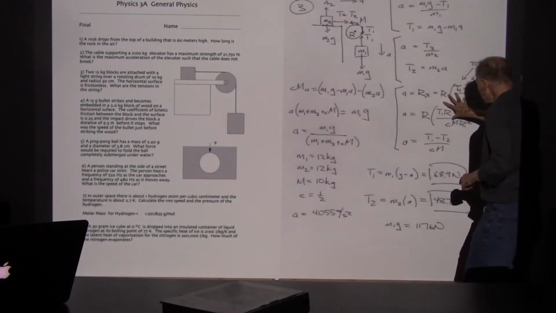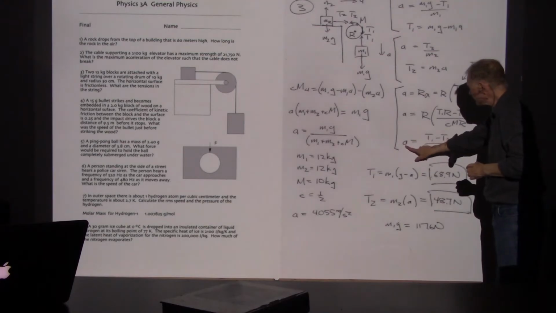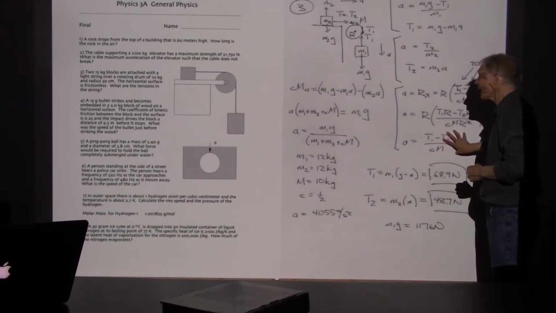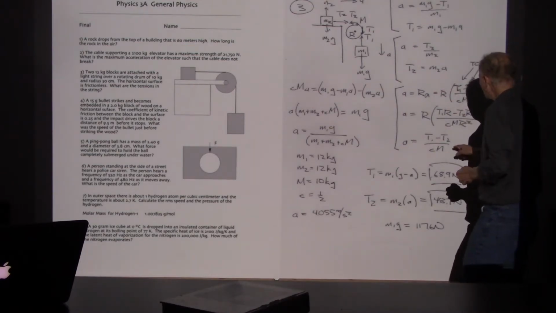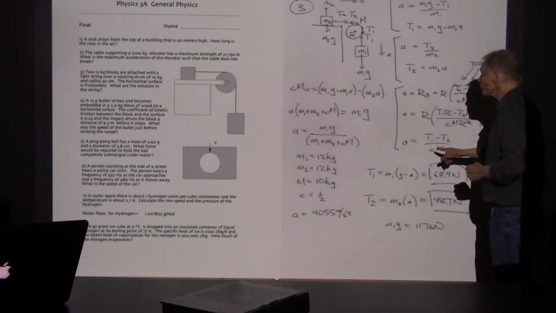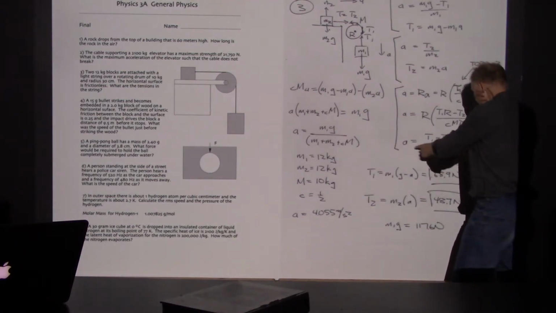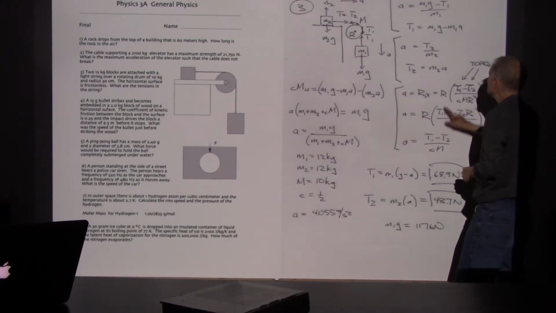For the pulley, all of this rotational analysis leads to the acceleration is equal to T1 minus T2 divided by Cm. Why didn't I write that in terms of, oh, I wrote it over here. So I kind of skipped a step. What I should write here is Cma, which I get from here, is equal to T1 minus T2.